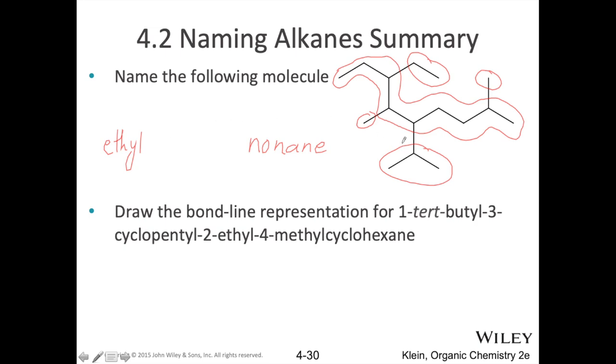I guess we could write isopropyl, or we could use the IUPAC prefix, since this is an ethyl group but there's a methyl group coming off of it, this would be 1-methylethyl, which you would alphabetize under M, I believe. But we can write this as isopropyl, I think.